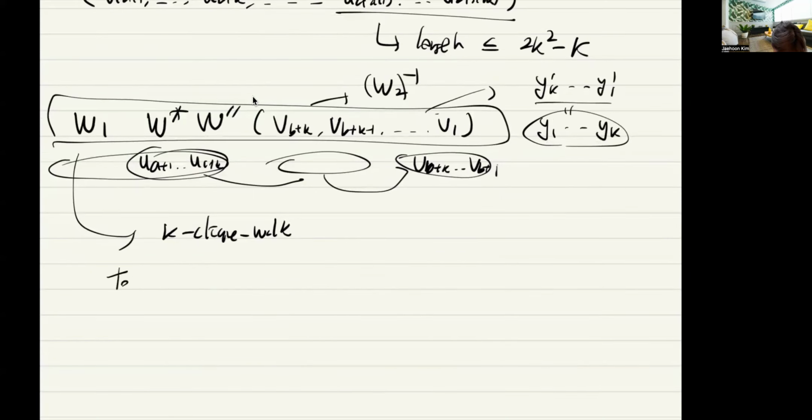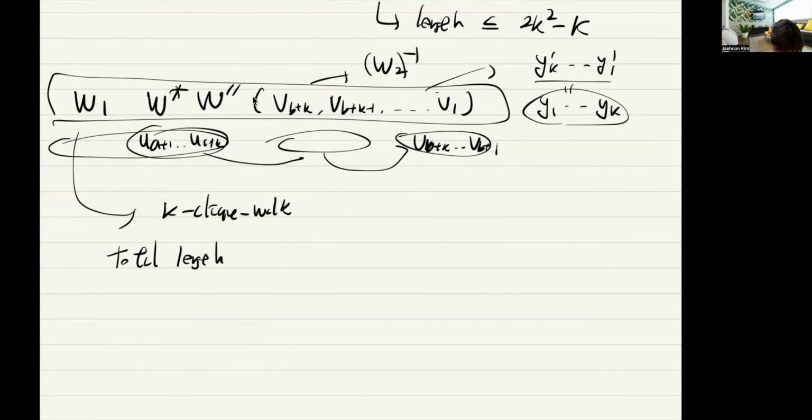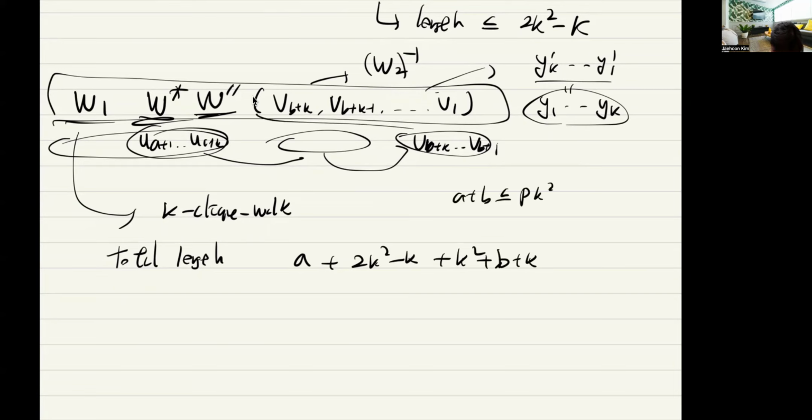And the total length is, if you add it, A plus M, 2k squared minus k, plus k squared plus B plus k. And then we know that A plus B is M k, which is like k cubed.